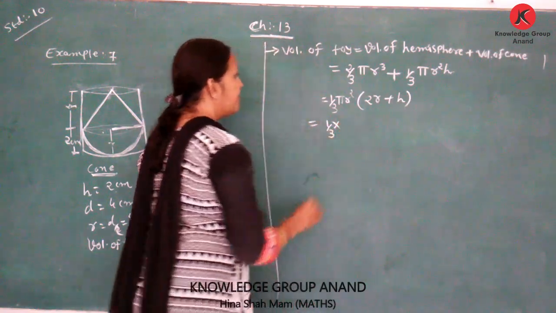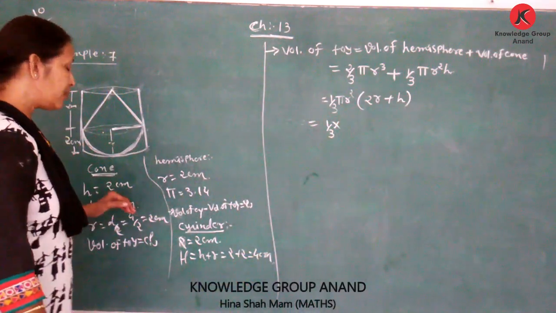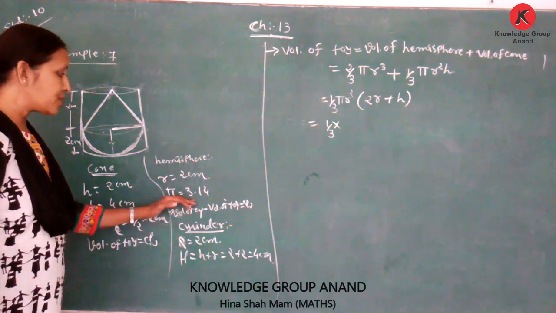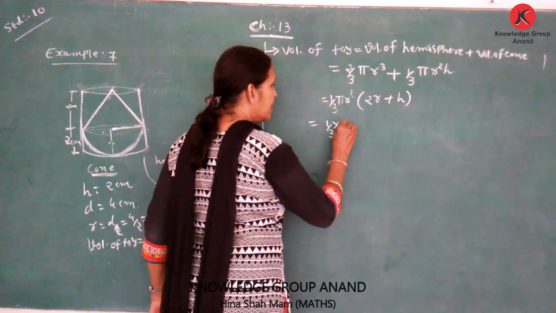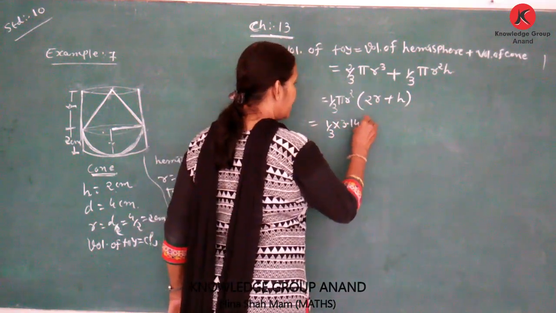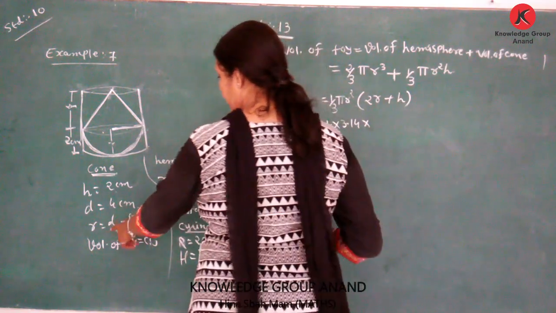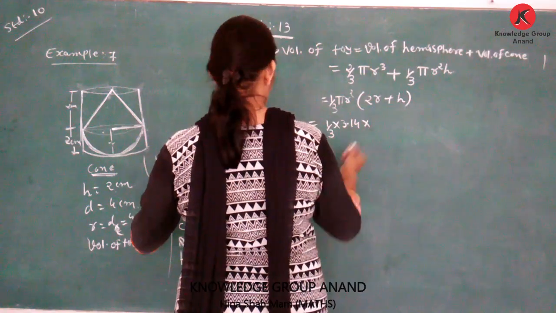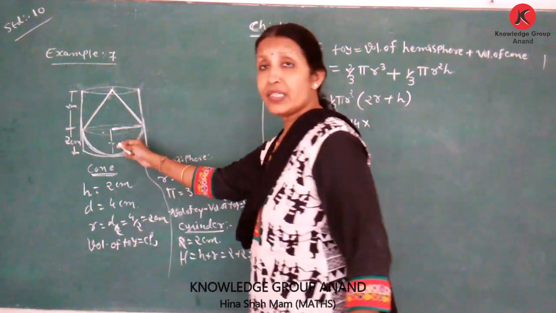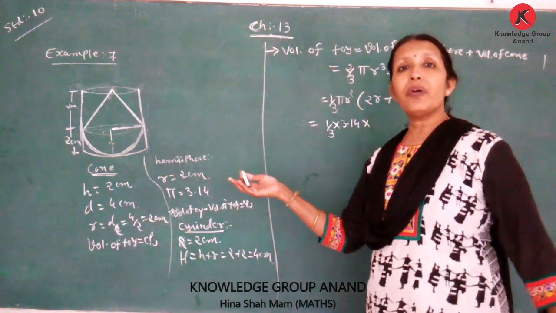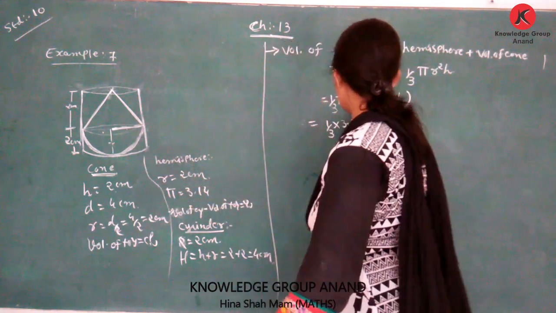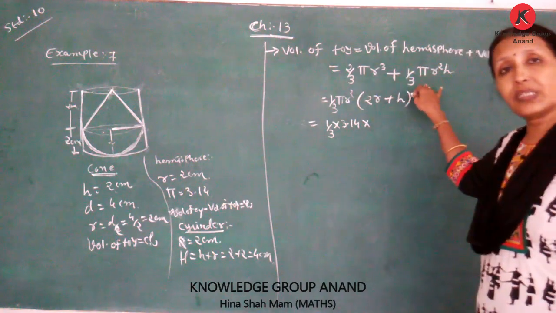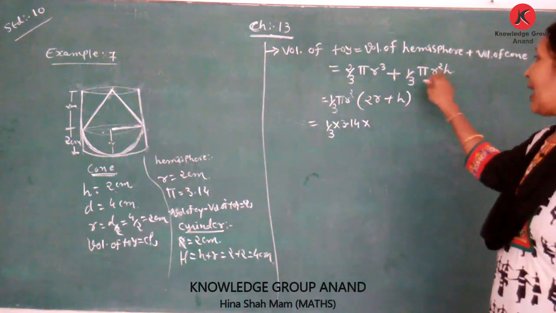What is the value of pi? Pi is equal to 3.14, as given in the question. The radius of the hemisphere and the radius of the cone are both the same, so we write the same symbol r.